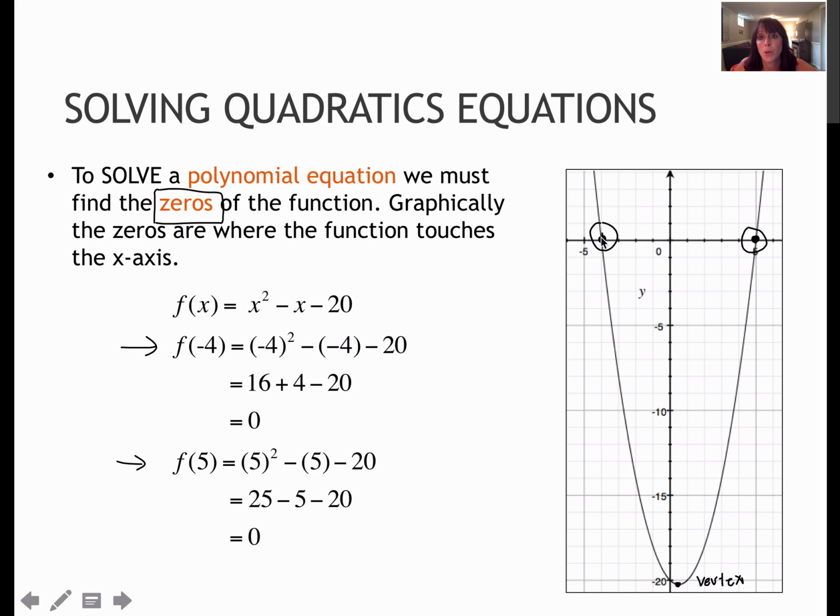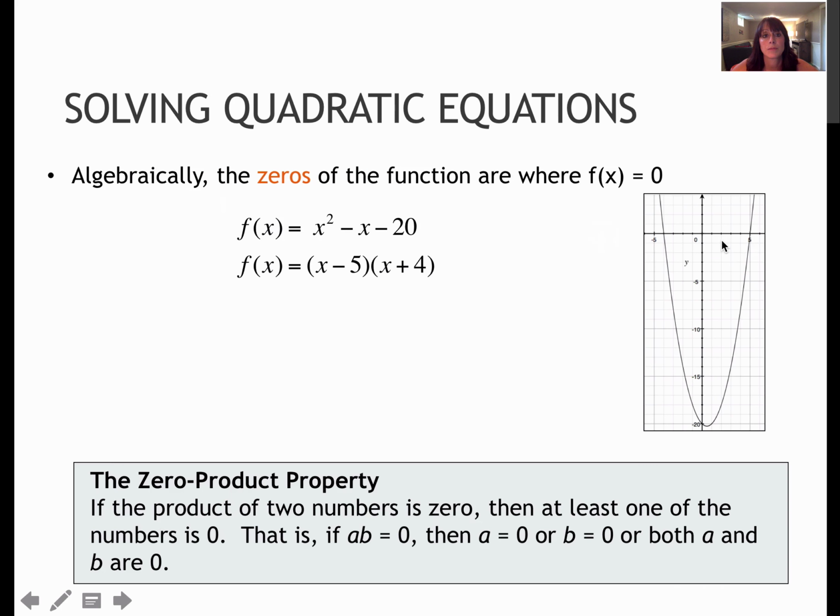I just look at the point and find that it's -4 and +5. Graphing is sort of a complicated thing unless I'm using a computer to do it, so this is typically not the best way. Algebraically, what we will do is find where f of x, where our function, is equal to 0. So the first way that we're going to talk about is obviously using factoring and the zero product property.